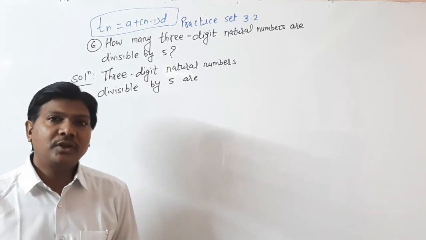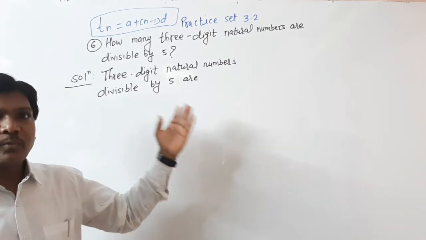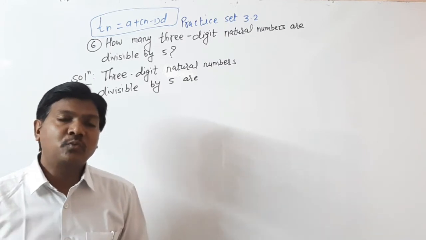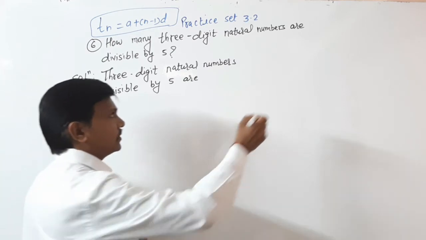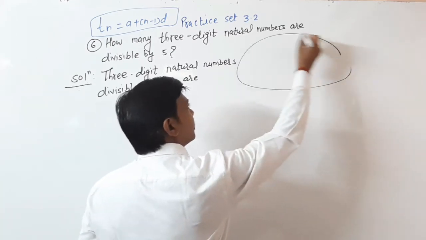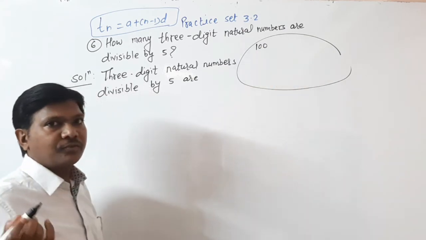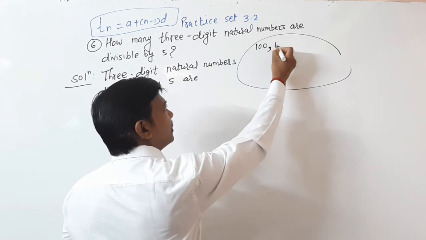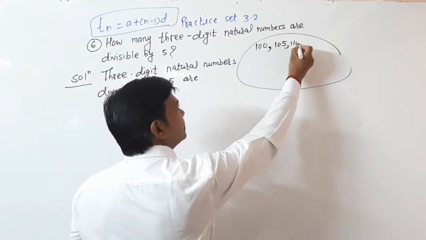We make an arithmetic progression, starting with the first number and ending with the last number divisible by 5. So first, rough work. Smallest 3-digit number is 100, then add 5, means 105, then 110.